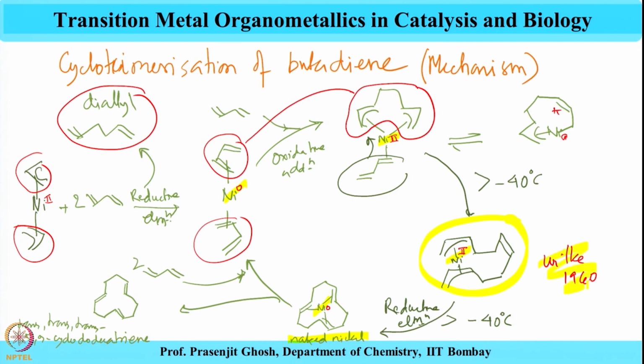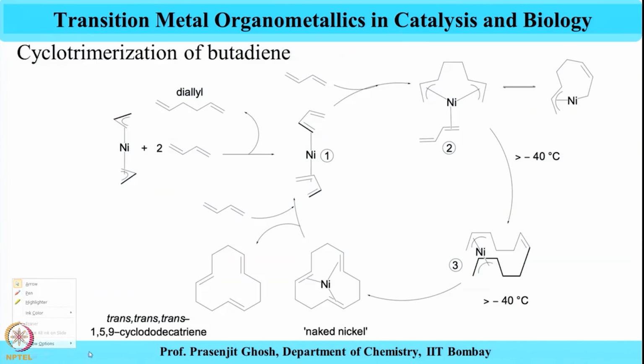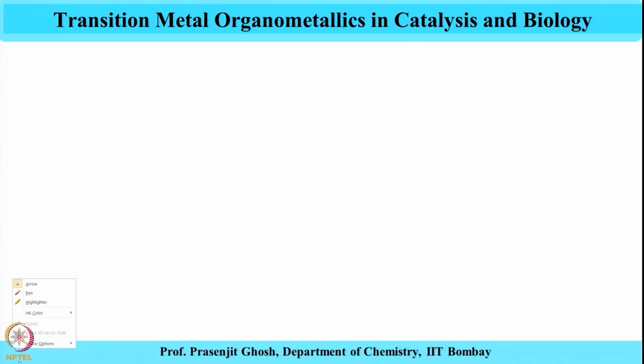So, this is indeed a very good reaction that has been successfully carried out, in which butadiene can be trimerized to give trans 1,5,9 cyclododecatriene, as is shown over here. So, the key features of these cyclotrimerization reactions are given below.